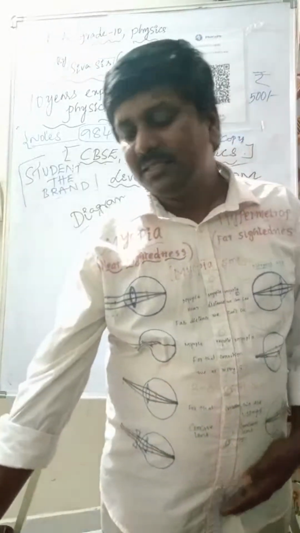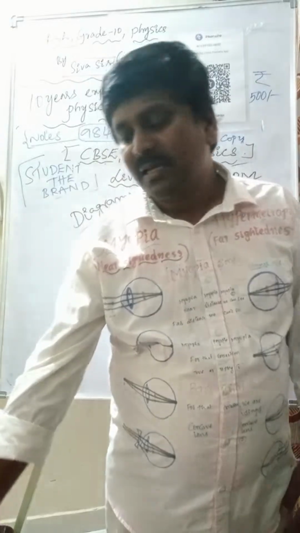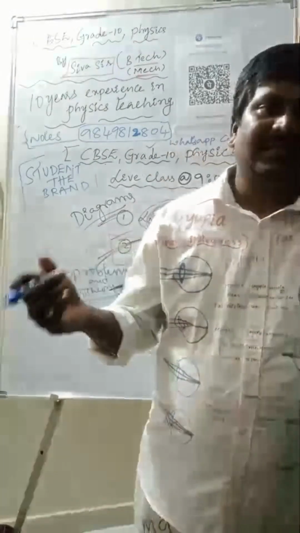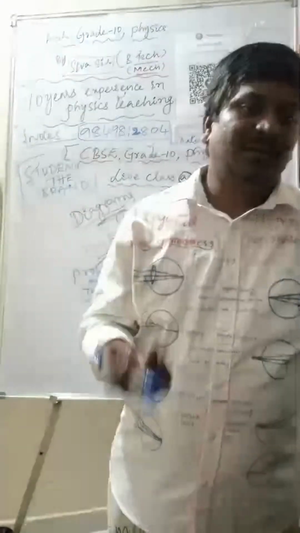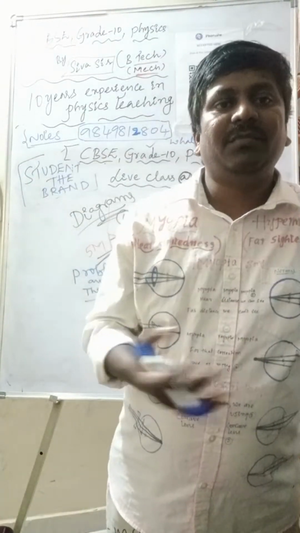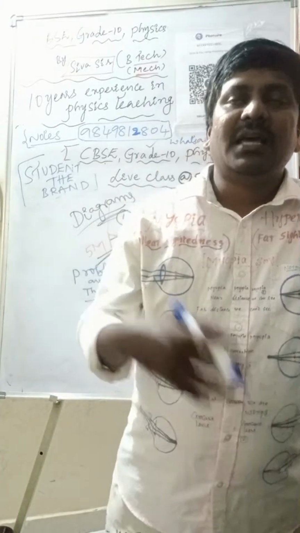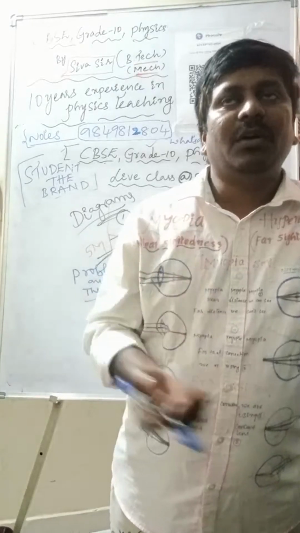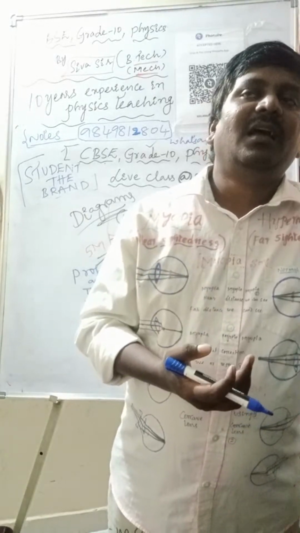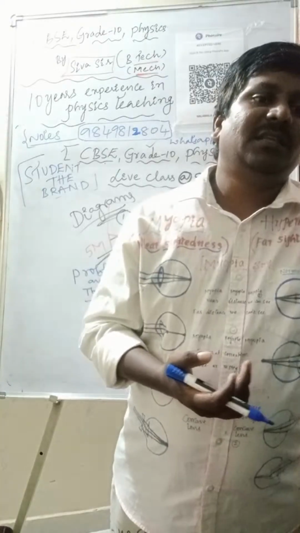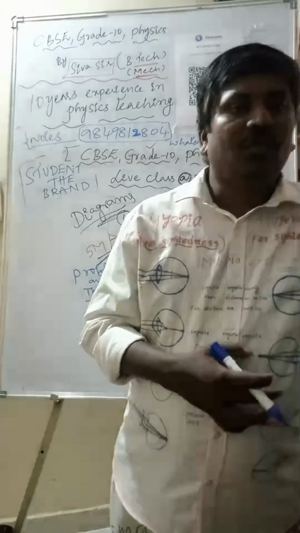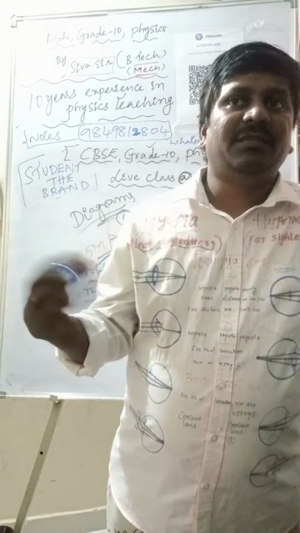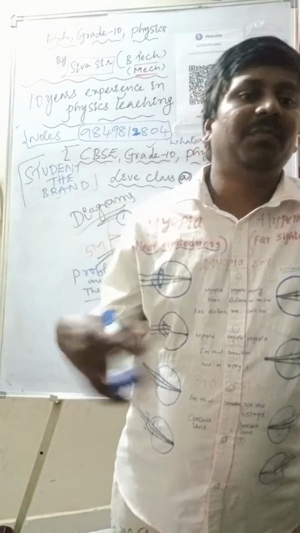Sir, why are you taking this many classes on electricity? In the remaining time, I am taking classes. As time is going on, we need to practice, we need to work out, so in the remaining time I am taking classes at 6 o'clock. I'm planning a morning class around 5:30 or 6 to 7, but college and school timings are different, so that may not be possible.